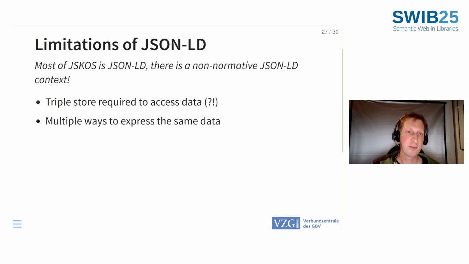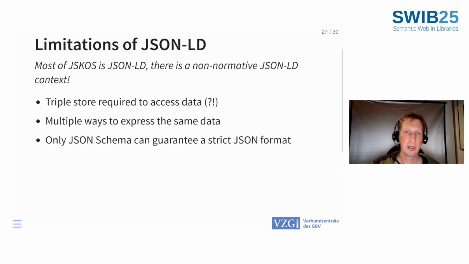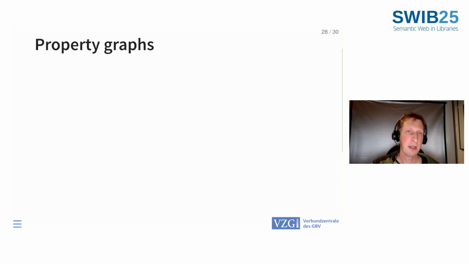This could be improved with JSON-LD framing. I haven't had a deeper look into it yet, because it wasn't there when we started with the JSKOS format. Yeah, so the only way to guarantee a strict JSON format is JSON Schema, so we provide a JSON Schema.